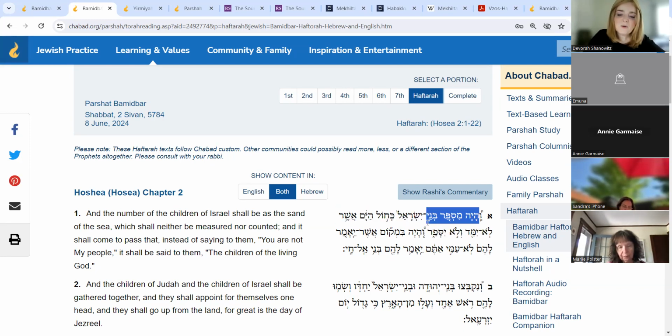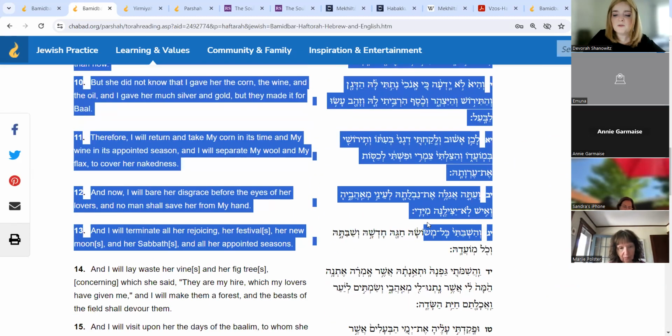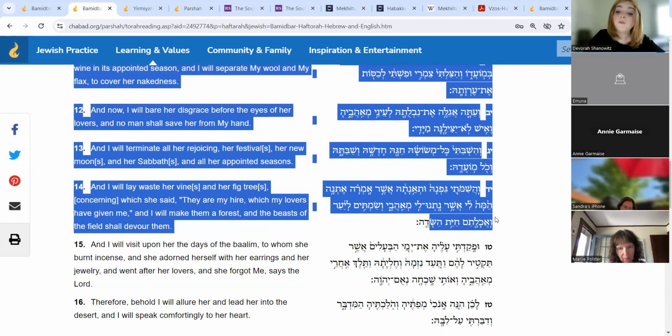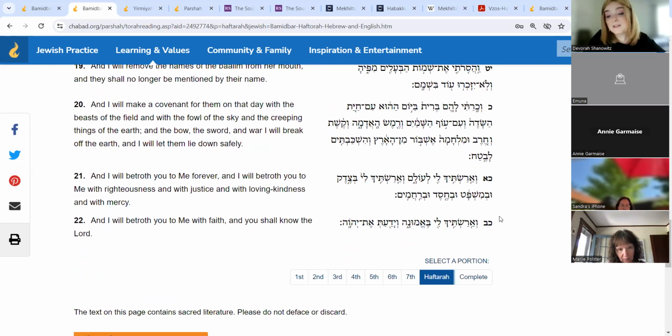But I would like to take you to the end of the Haftorah, because the end of the Haftorah concludes with one of the most beautiful verses that we have in our Tanakh. One of the most, I would say, romantic verses that we have in the Tanakh. The Haftorah ends with the last two verses as follows. After talking about the Jewish people's infidelity and their straying from God, it talks about their coming back to God.